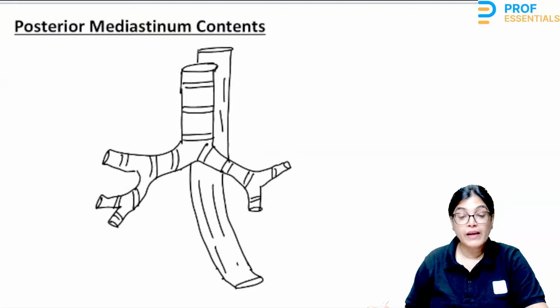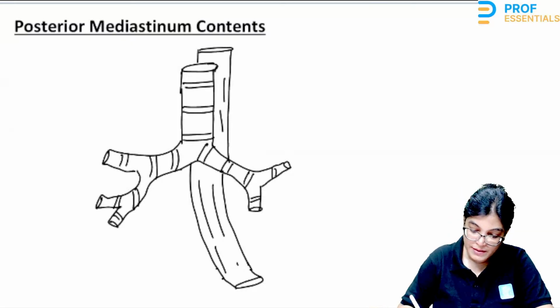We will have the descending thoracic aorta, and here I will draw a beaded structure. What is that? That will be the thoracic duct.